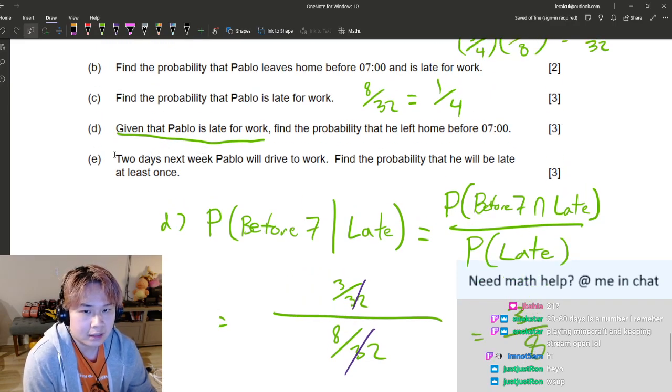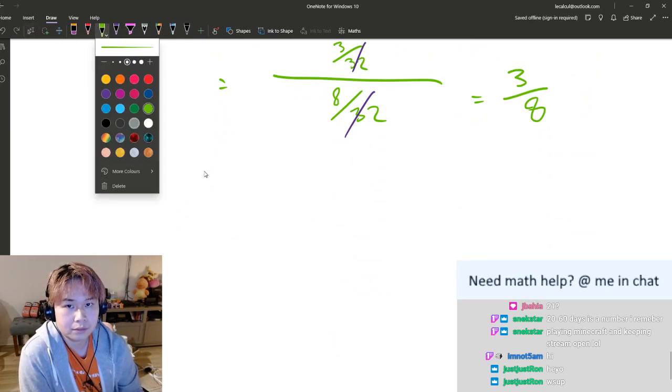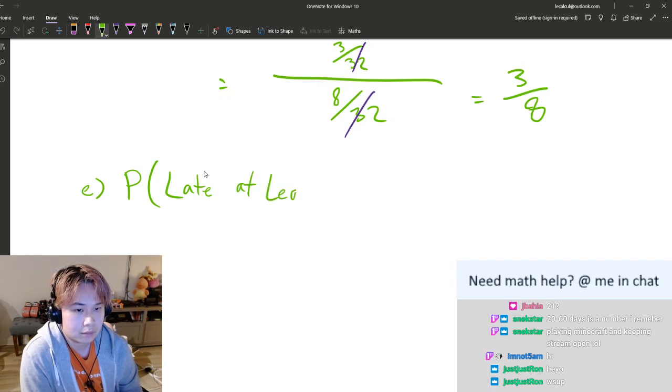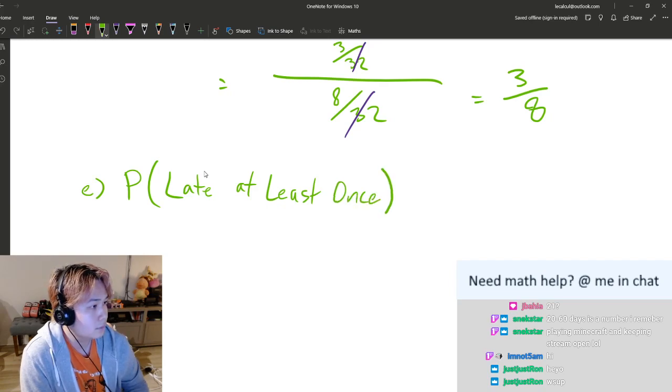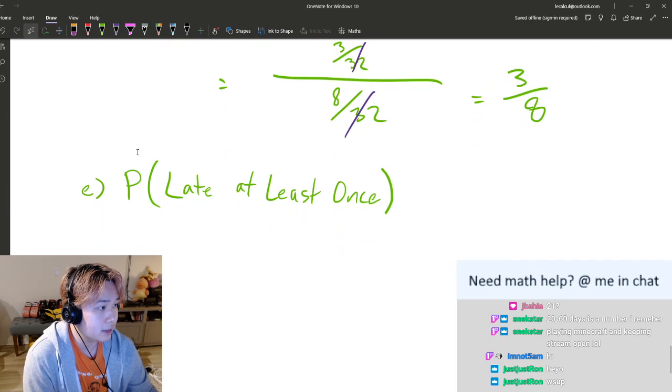Okay, then the next 2 days, Pablo will drive to work. Find the probability that he will be late at least once. Okay, so there's lots of ways to do this.